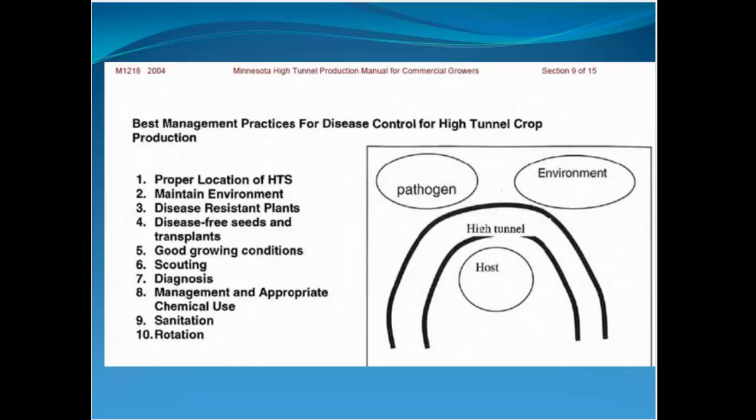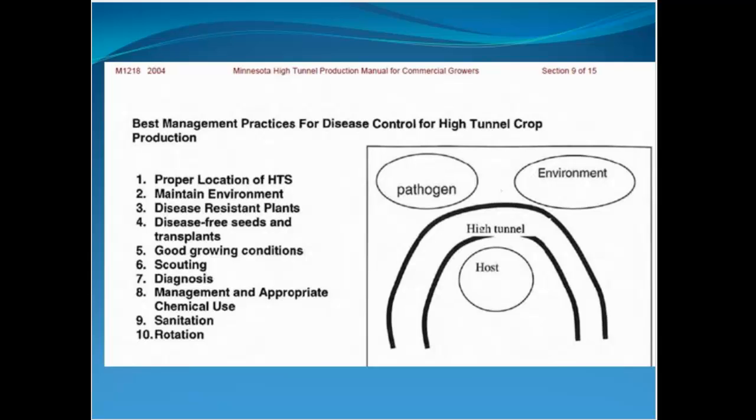Very quickly, that means that if you're south of Champaign in the state of Illinois, and you have single bay high tunnels, they're going to be oriented in a north-south direction. As you get into northern Illinois, you'll actually orient your high tunnels to face in an east-west direction. The reason for that is so that we accomplish the most warming early in the spring when the crop is growing.